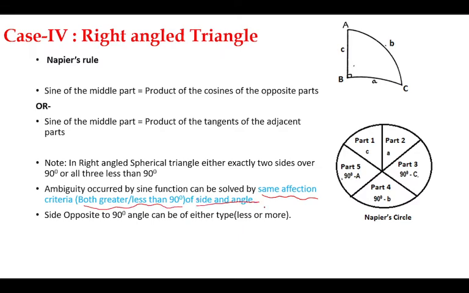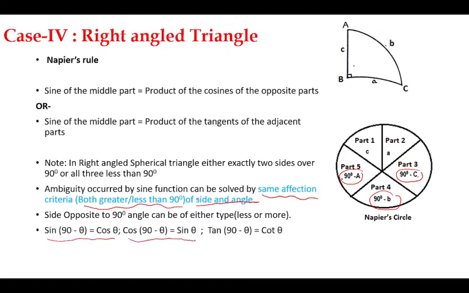But the last thing is that every time we come across sine, cos or tan with 90 minus theta, you should know these 3 formulas: sine of 90 minus theta is cos theta, cos of 90 minus theta is sine theta, tan of 90 minus theta is cot theta.